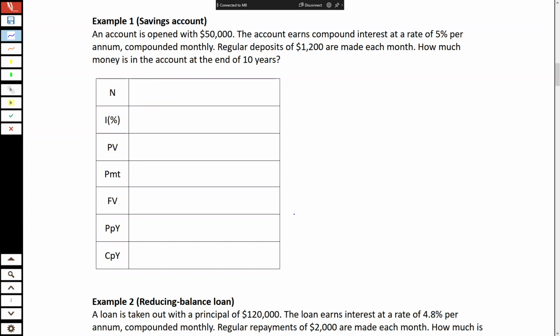Okay, so in this first example, this is a savings account. So there are no payments being made, right? Most of you have bank accounts. Does the bank pay you money outside of interest? No. Okay, so no one is making regular repayments here.